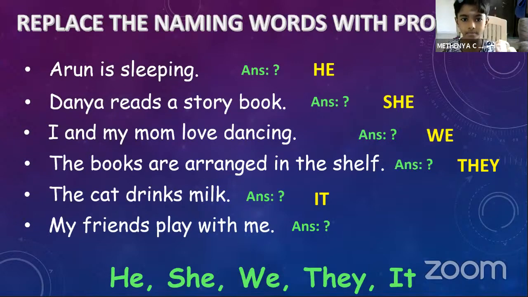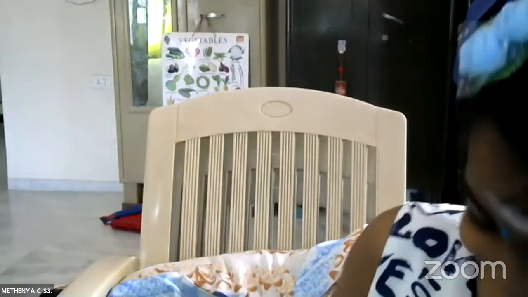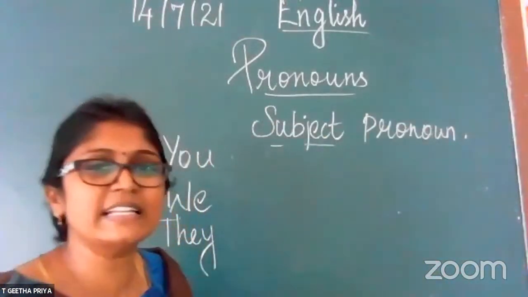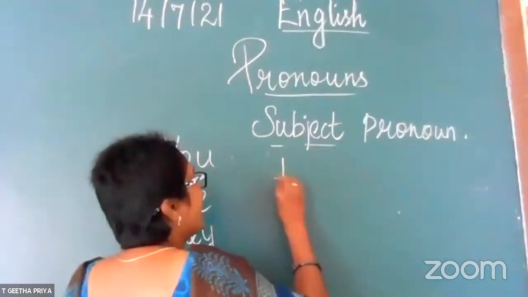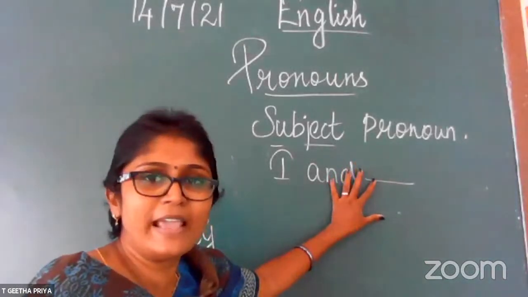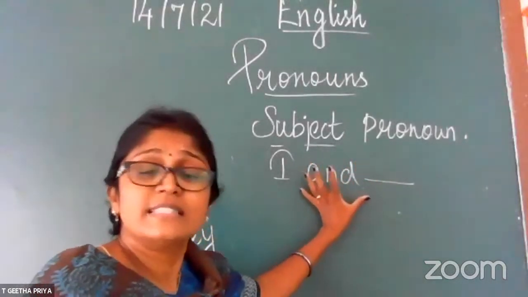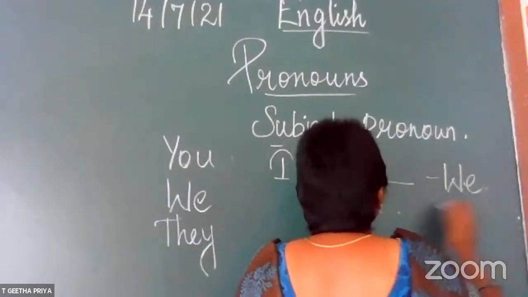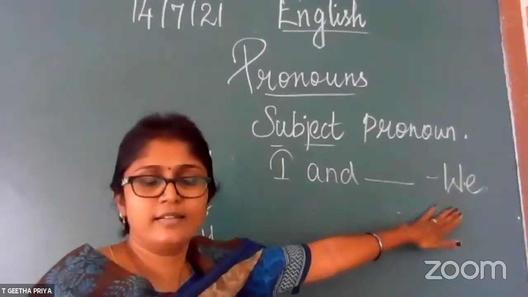They, ma'am. Very good. Kavin Sai, listen. When you have I and a naming word in a sentence, we replace this subject with the pronoun we. Got it?